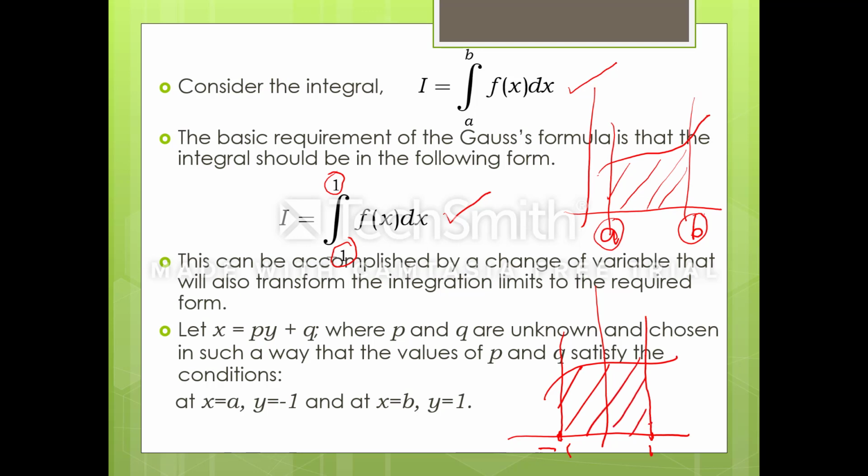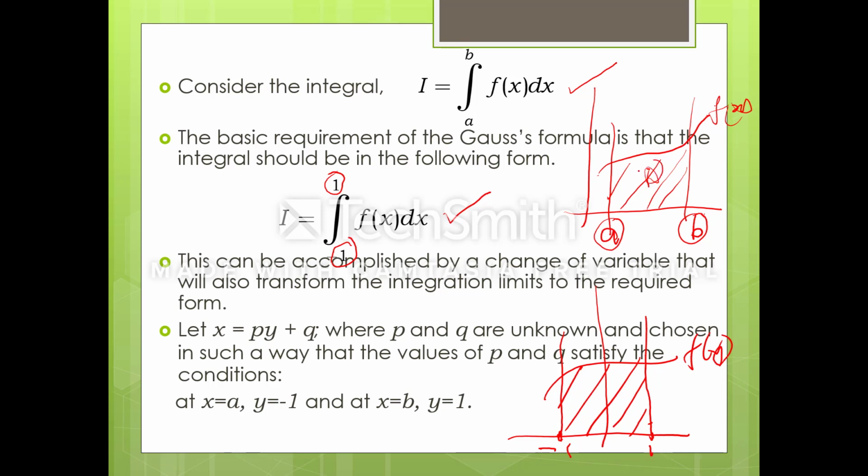The function is to be modified properly so that the limits of integration are from -1 to +1. Instead of this function f(x), we will be using some other function, say f(y), modified such that the area under the curve is the same.